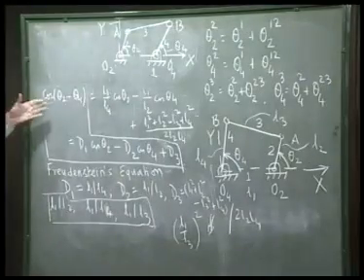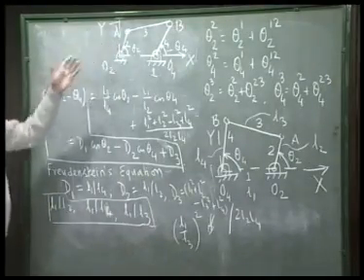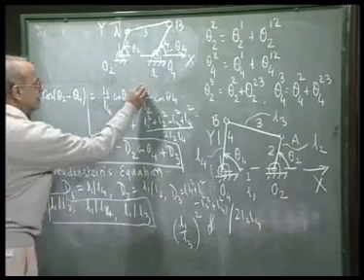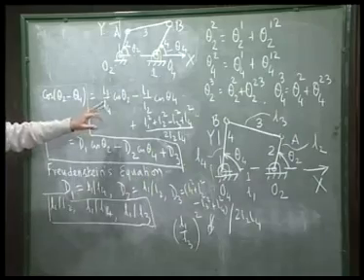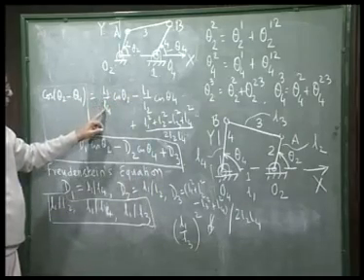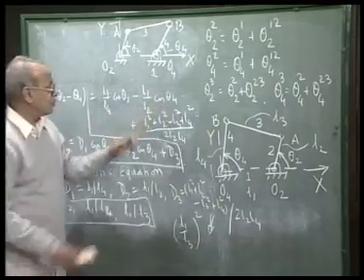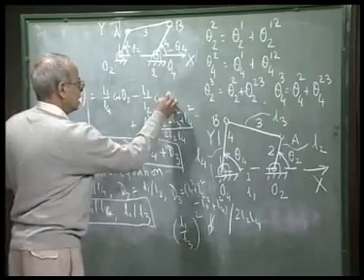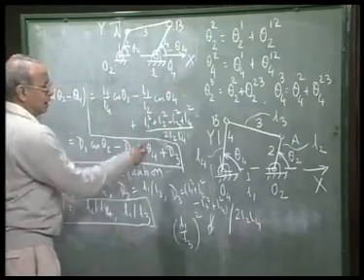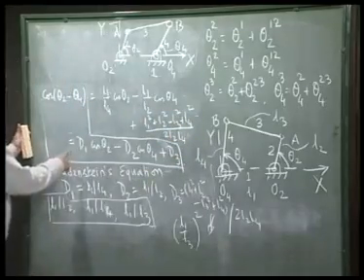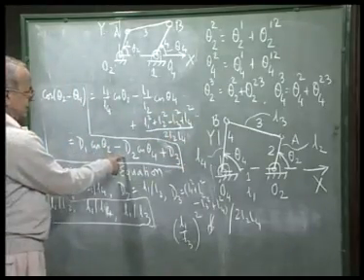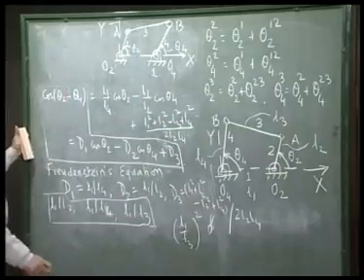So, we get Freudenstein's equation corresponding to this 4R linkage exactly from this equation only by replacing theta 2 by theta 4 and L4 by L2 and theta 4 by theta 2 and L2 by L4. Here of course, interchanging L2, L4 is not changing this at all. Only D1 and D2 will be changed, D3 remains the same.